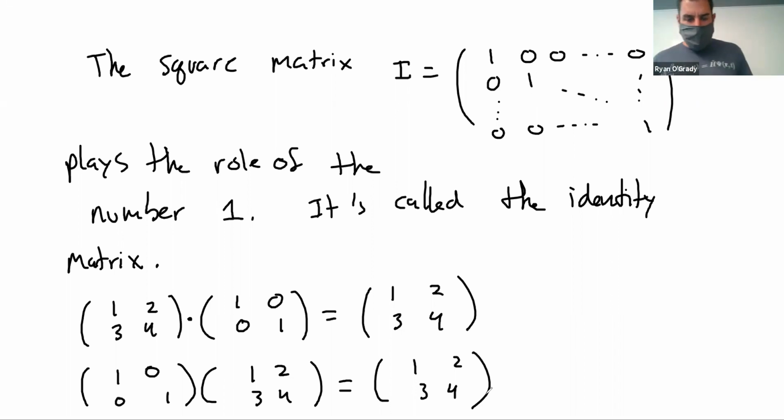All right, we have two more definitions, and then we will leave.